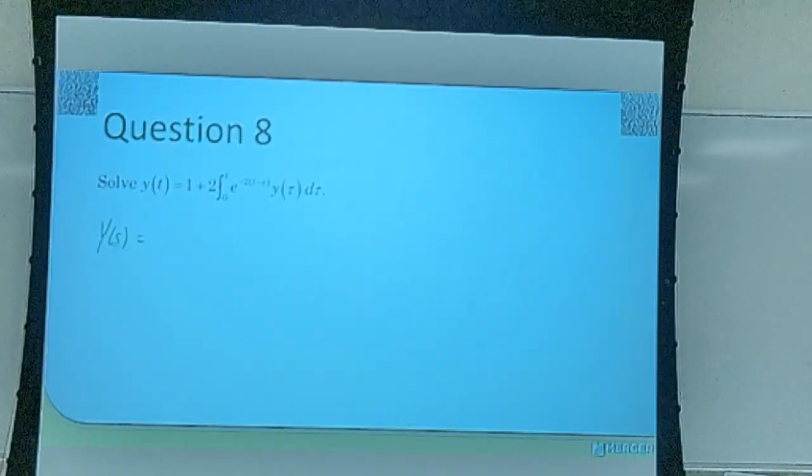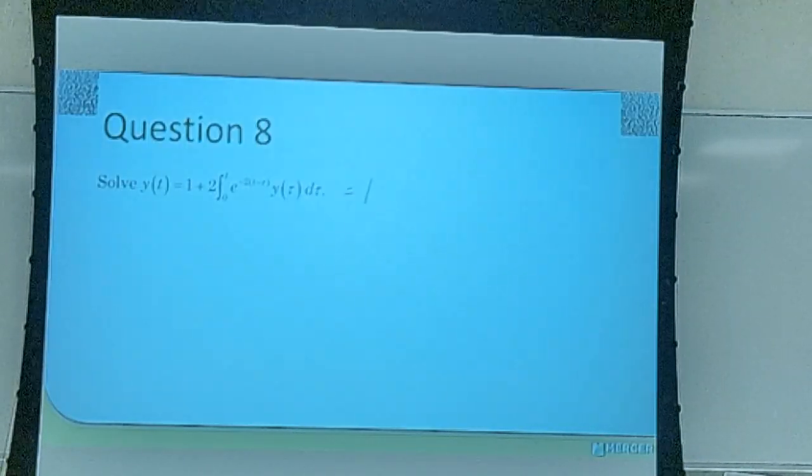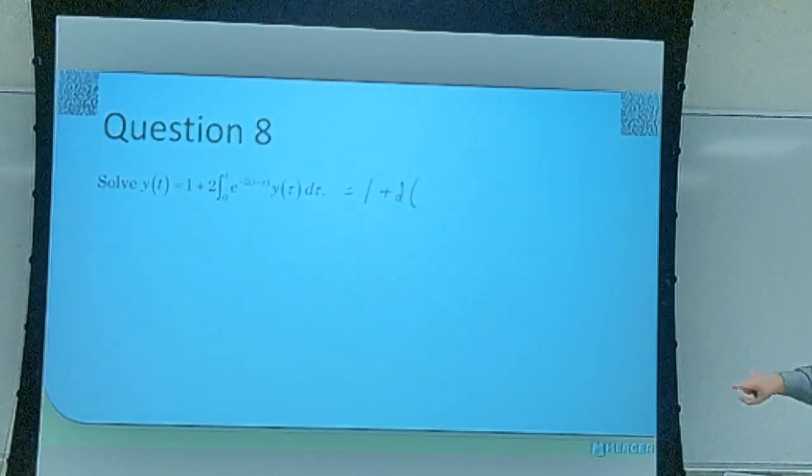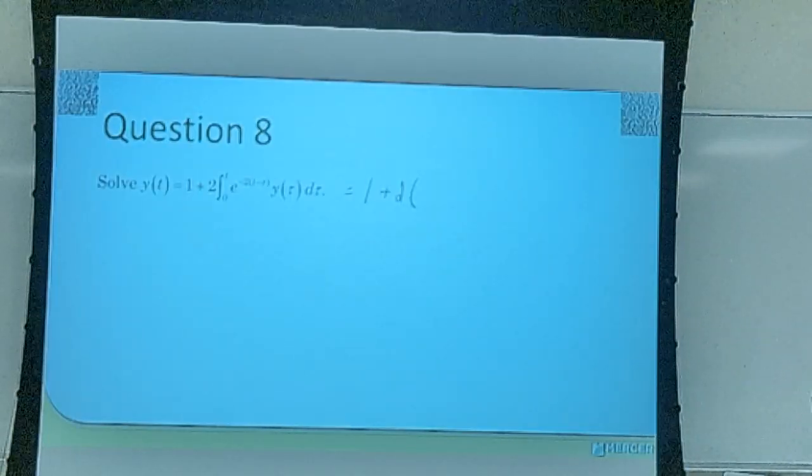Actually, before I do that, let me rewrite this. Because isn't this a convolution?